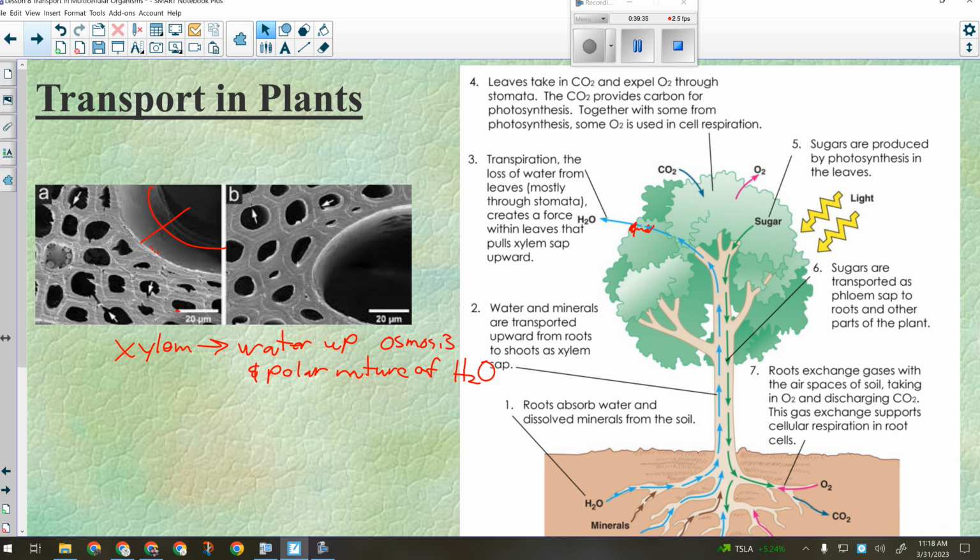Okay, so the xylem transports water up by osmosis and the polar nature of water. The phloem transports sugar down the plant using gravity.